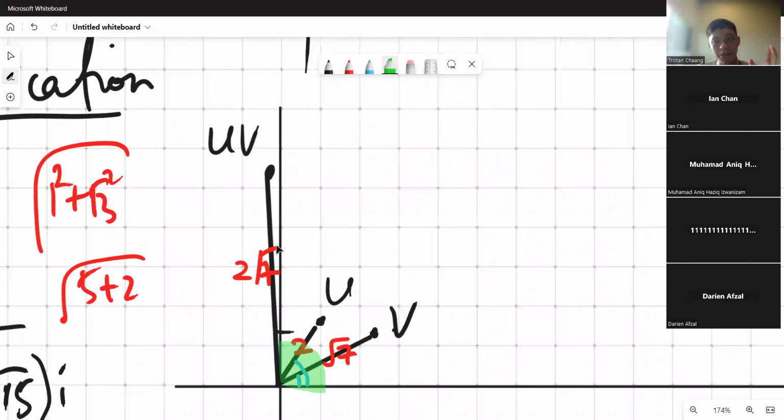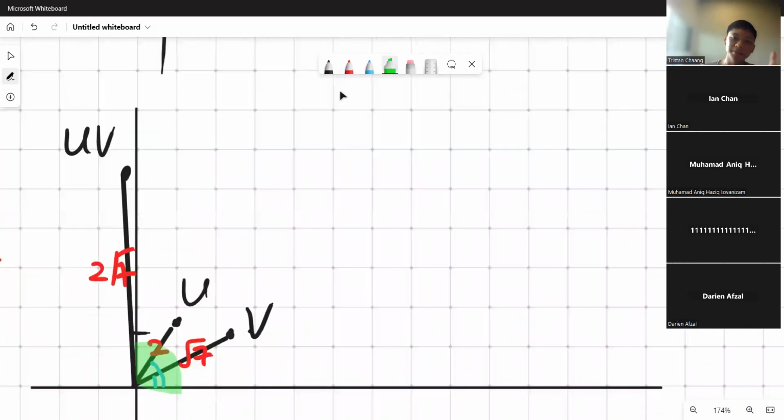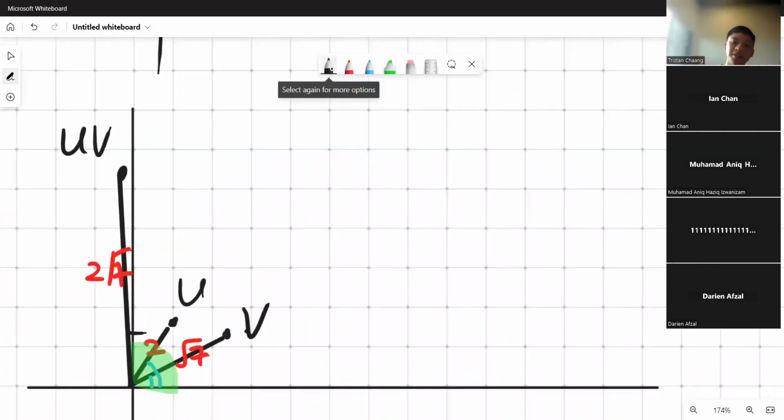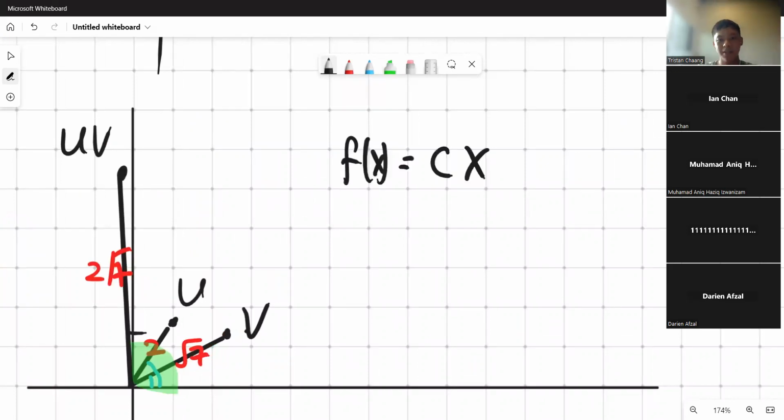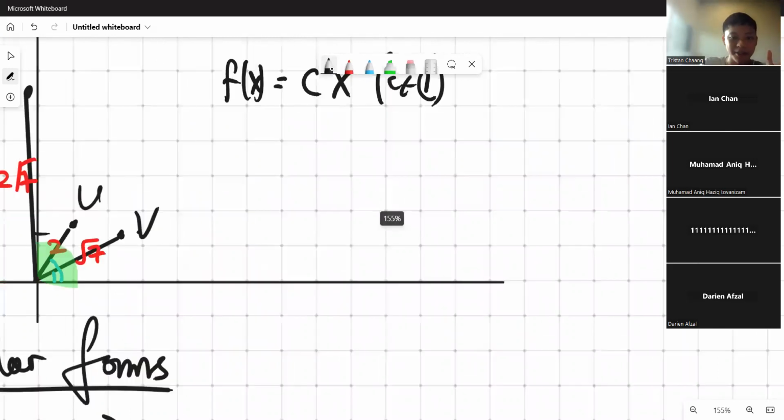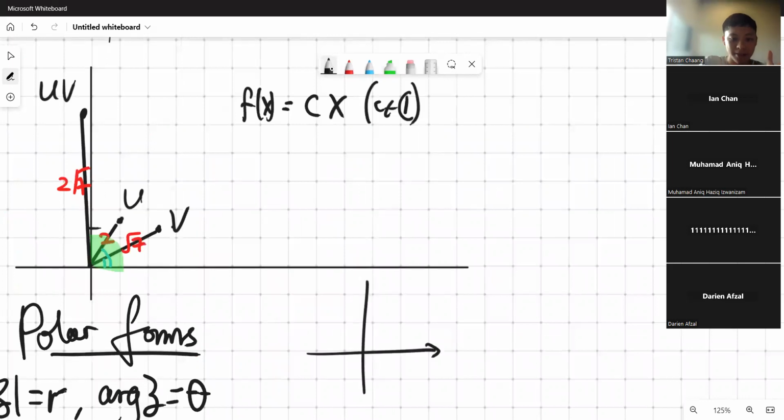So if you're familiar with geometry as well, this means the function of multiplying by a complex number is literally applying a spiral similarity to the plane at some angle.